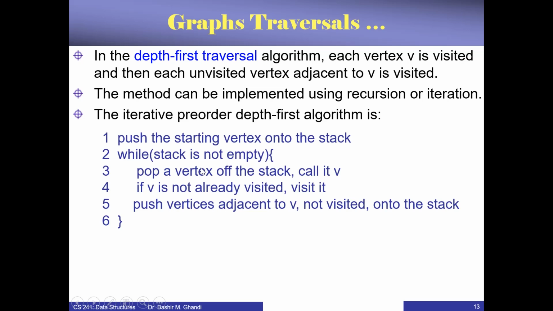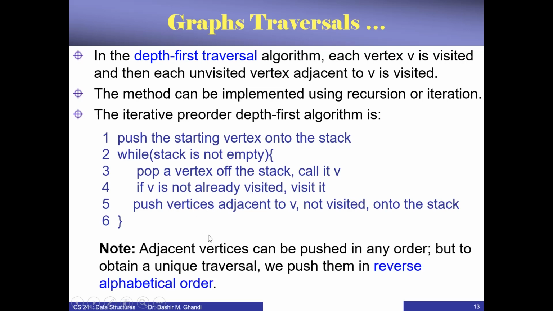So basically there are three things in the loop: pop, visit if not visited already, and push the vertices adjacent to the one you just visited onto the stack. I'm going to show you a number of examples, including one in animation form, so that you can understand how this algorithm works properly.